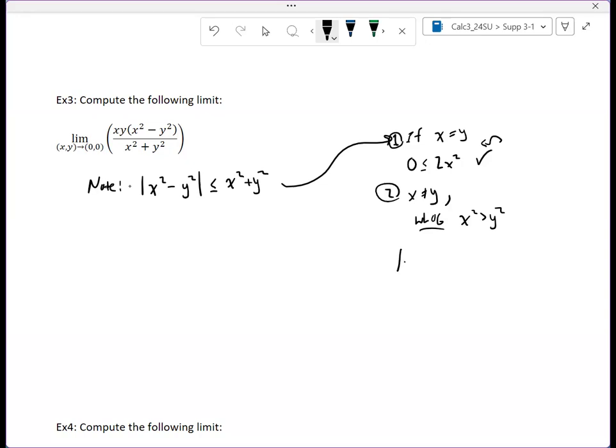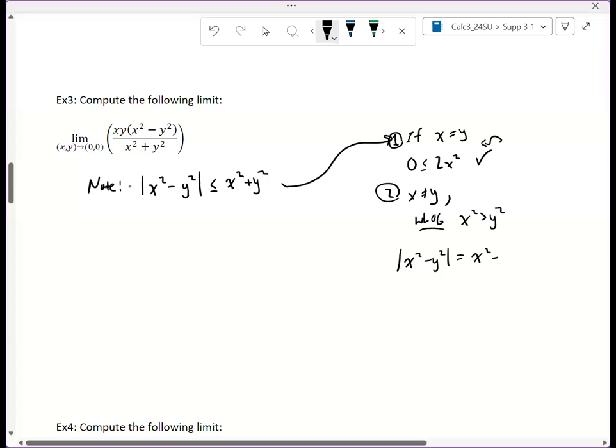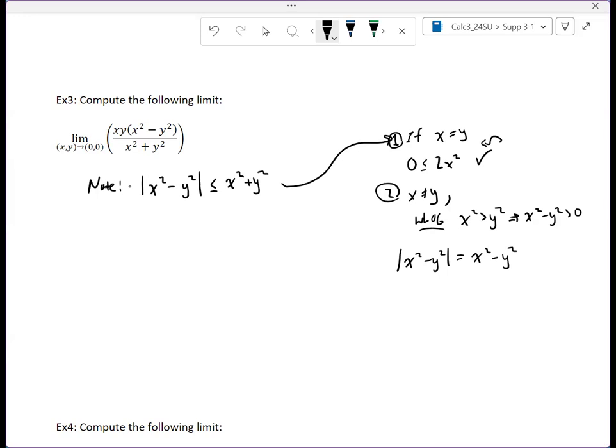And we note that the absolute value of x squared minus y squared, because x squared is bigger than y squared, x squared minus y squared is bigger than 0. So the absolute value of x squared minus y squared is just x squared minus y squared. The absolute value just goes away because we're taking the absolute value of a positive number.